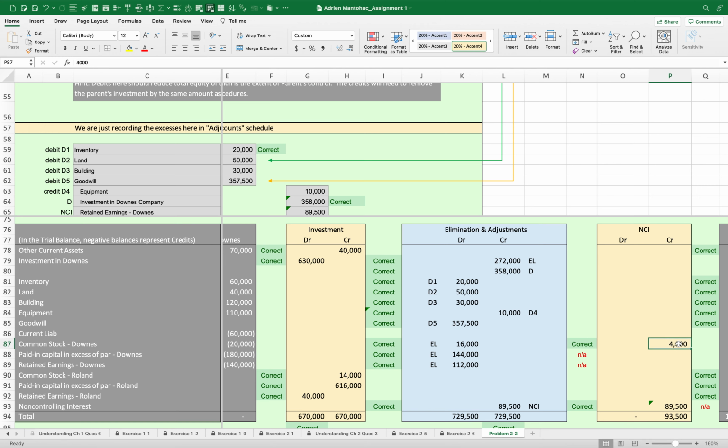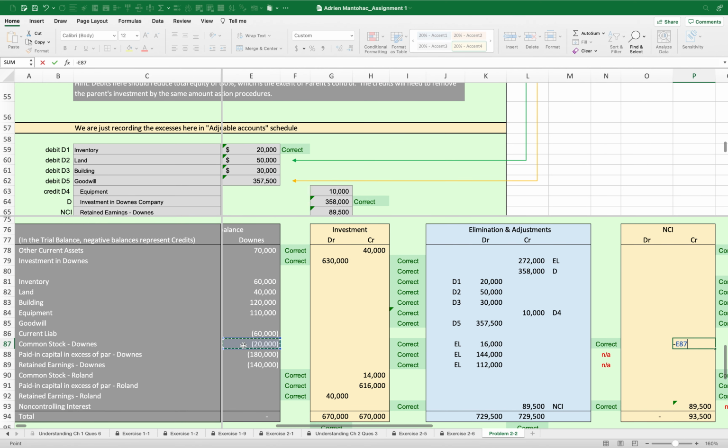And we can do that mathematically. Because this number here on the far left is already a negative, I'm going to click a negative before that. So a negative minus negative 20,000 becomes positive 20,000, and we want to subtract from it this 16,000 number here so we can arrive at that as well.